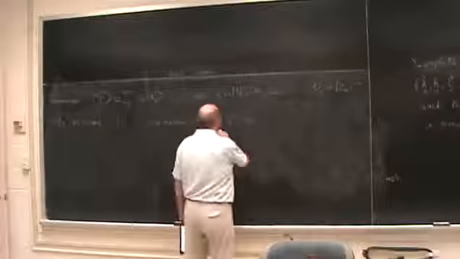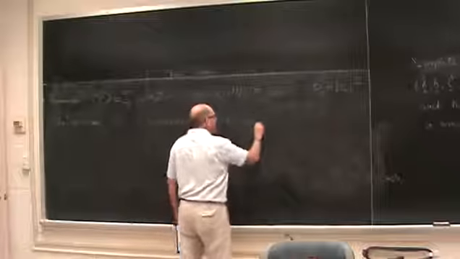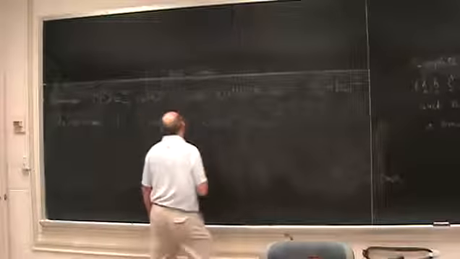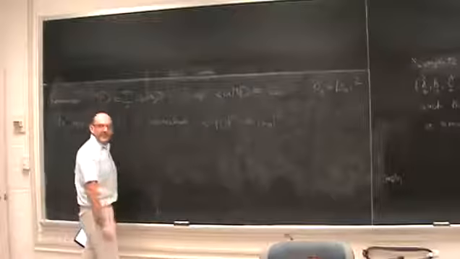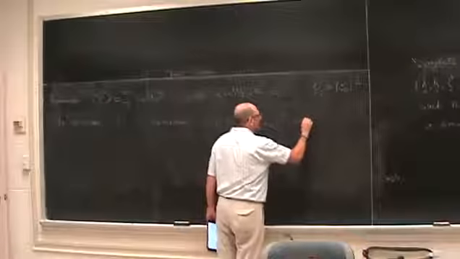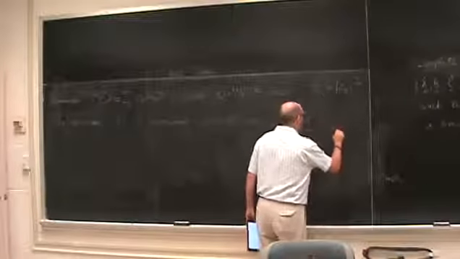Which means that if it's normalized, by the Pythagorean theorem, the sum of all these guys is 1, which is to say the total probability to find something is 1.